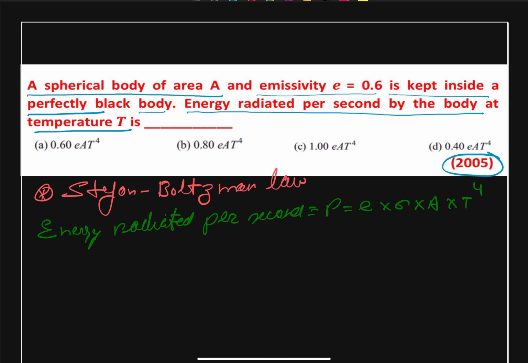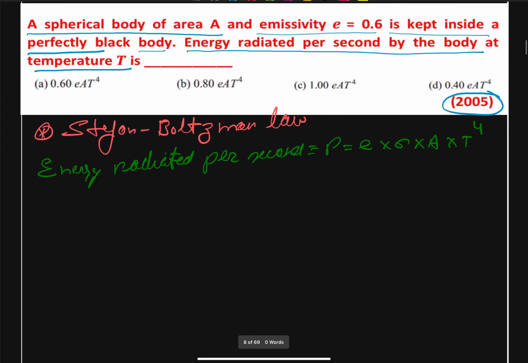In the question it is given that the body is inside a perfect black body, so the emissivity of the spherical body is not affected.